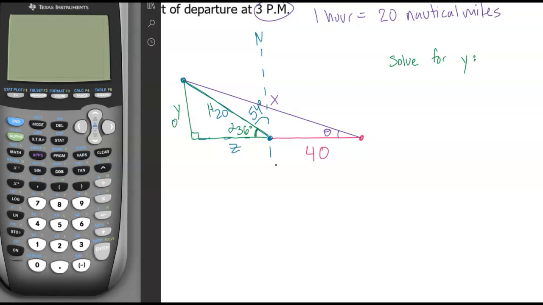So O and H means we are using sine here. Sine of 36 is O, which is y, over H, which is 20. To get y by itself, we multiply both sides by 20, and we have 20 times sine of 36.